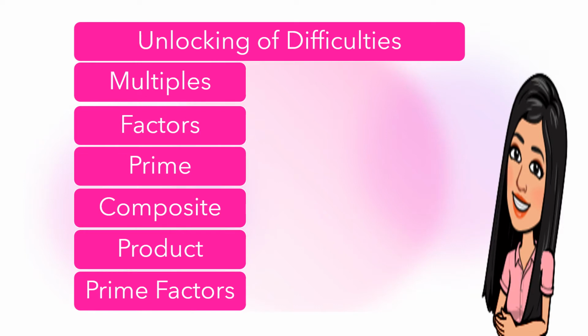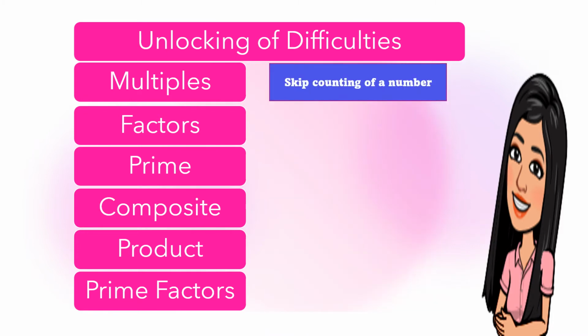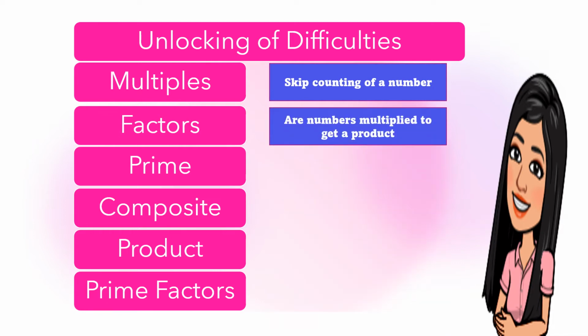Let us unlock the meaning of the following words for you to understand and remember each word as we go along this week's lesson. First is multiples: skip counting of a number. Second, factors: numbers multiplied to get a product.